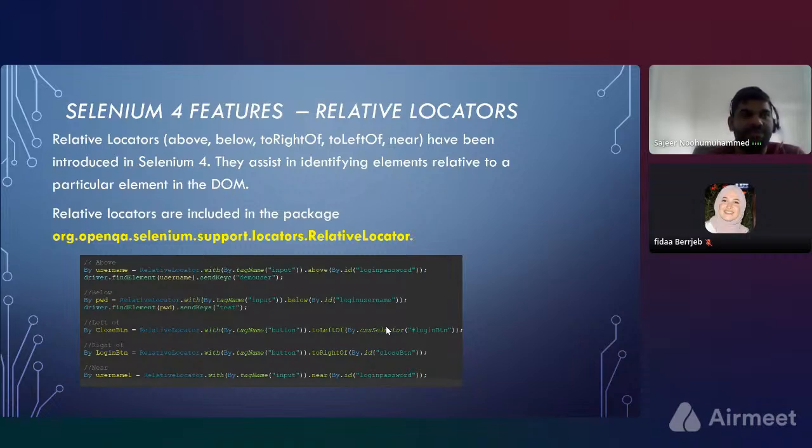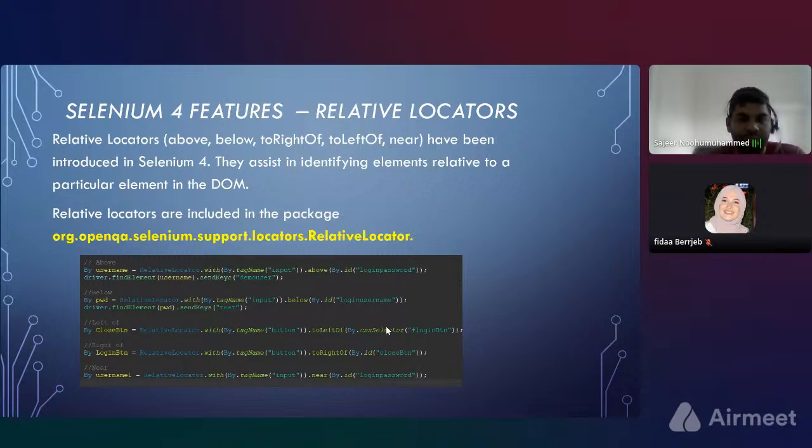There are multiple text boxes on that particular page, and we can't identify a unique input if you pass just a tag name. So we can use a relative locator: if there is any element with an ID nearby, and this input is just above that element.